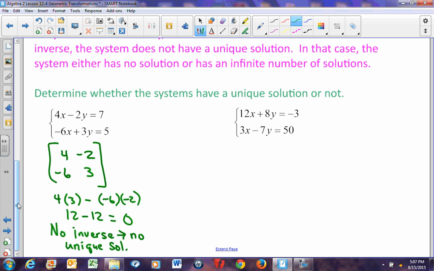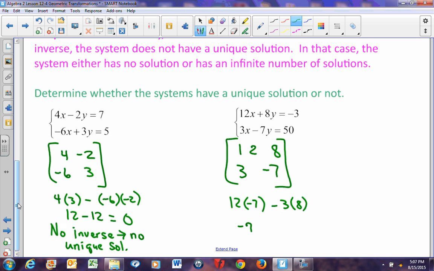So look at the second one here. 12, 8, 3, negative 7. 12 times negative 7 minus 3 times 8. 12 times negative 7 is negative 84.